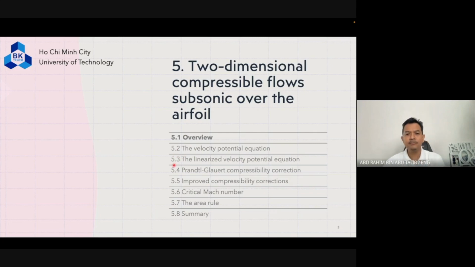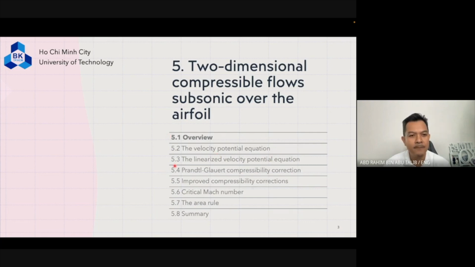Of course, we are going to have a short break between 5.2 and 5.3. Then we will continue with the rest: subtopic 5.4, Prandtl-Glauert compressibility correction, improved compressibility corrections, critical Mach number, and the area rule, and finally the summary in our session next week. So for today, we are going to just focus on the first 3.